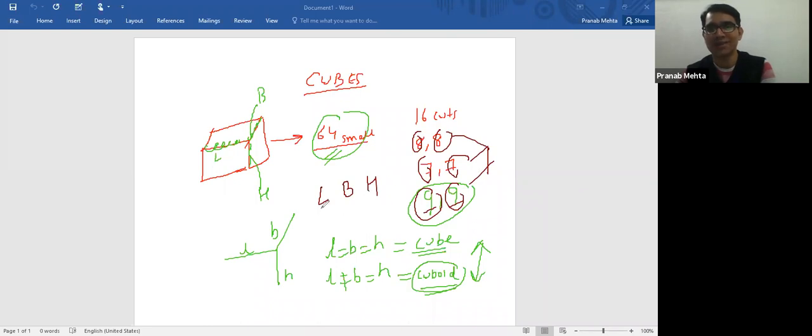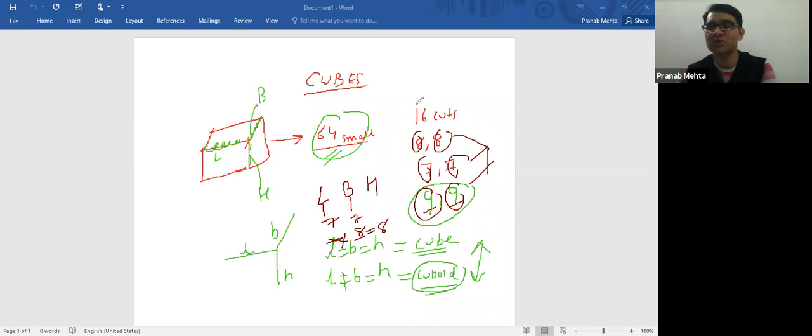Let us assume you give a cut only on length and breadth. Someone is giving a cut only on breadth and height, but you are not giving any cut on length. So automatically these two are the same, but this becomes different. Are you getting it or not? Have you understood what I am saying?